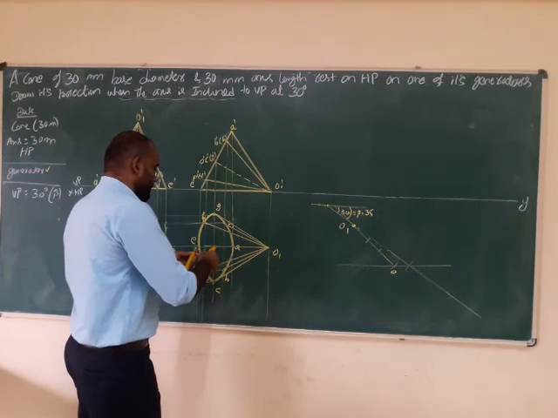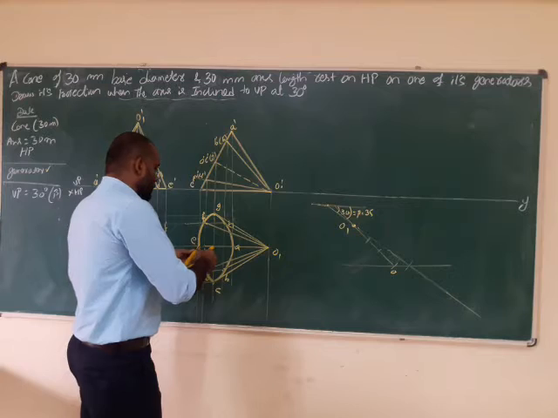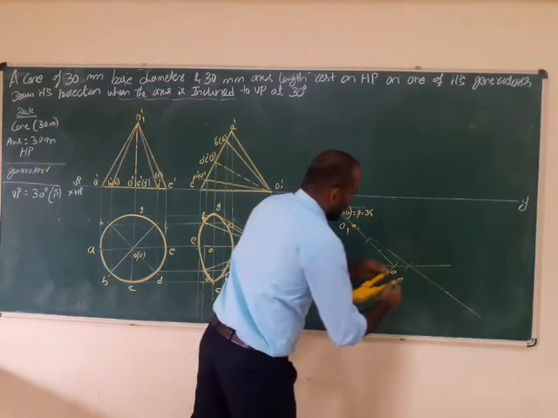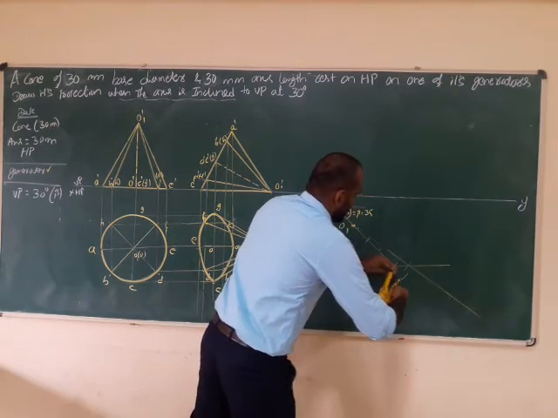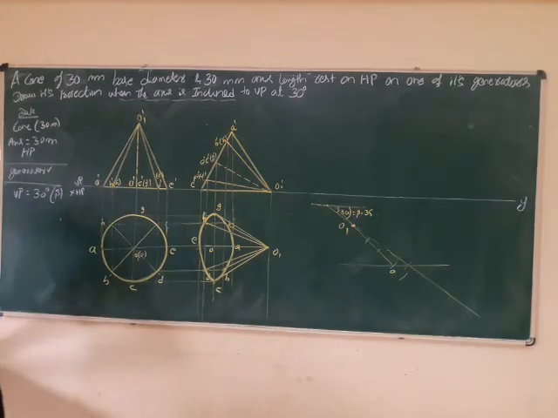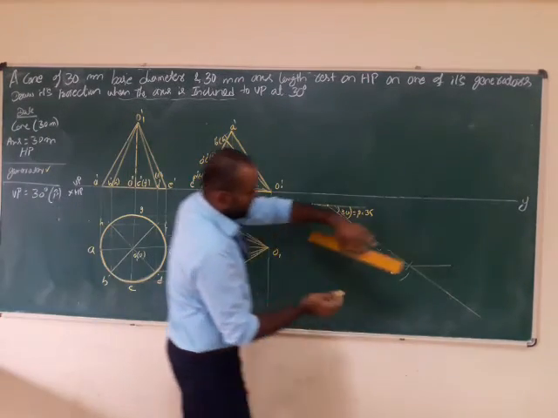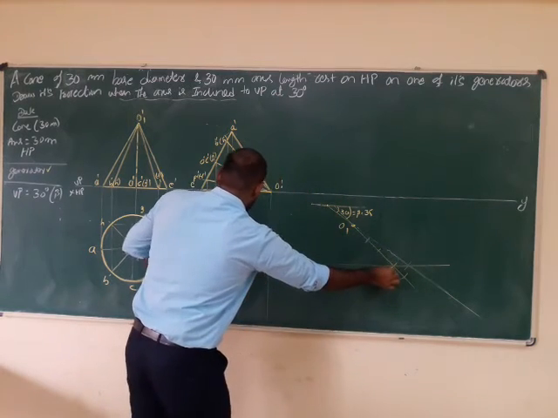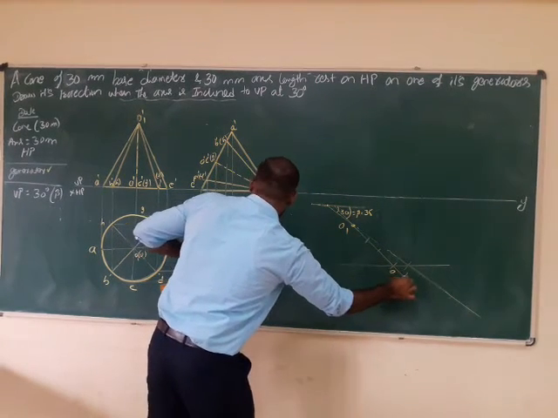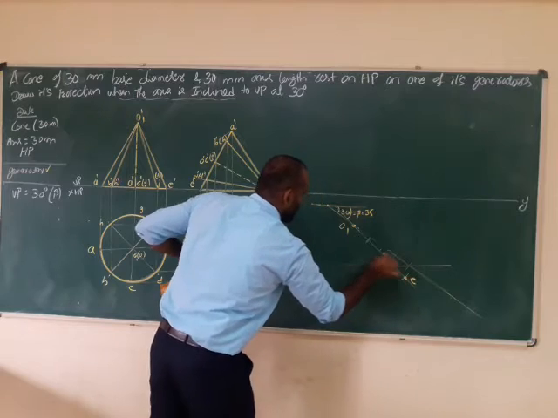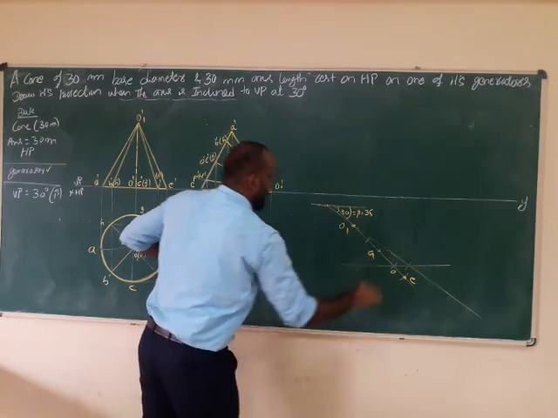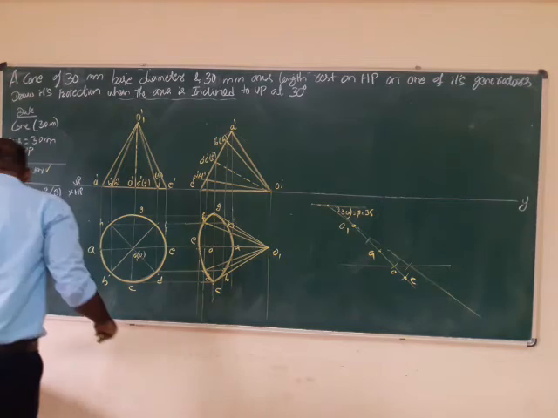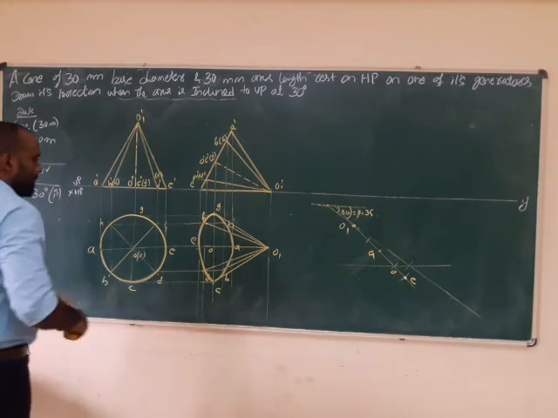Next, O to E. O to E. You have to extend that line. This point is called O, E, A. After that, you have to find remaining 2 points.